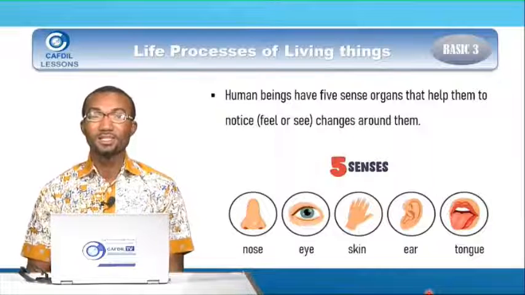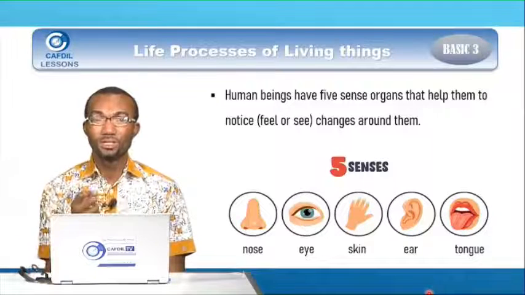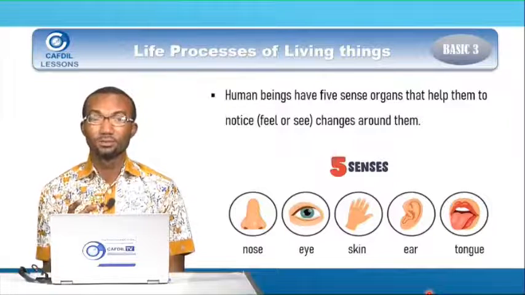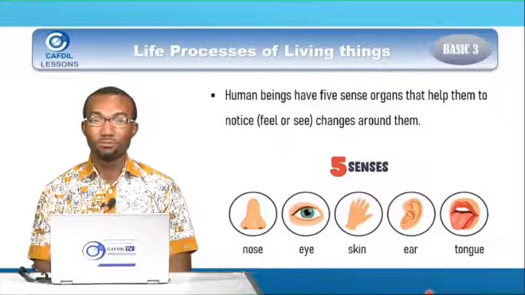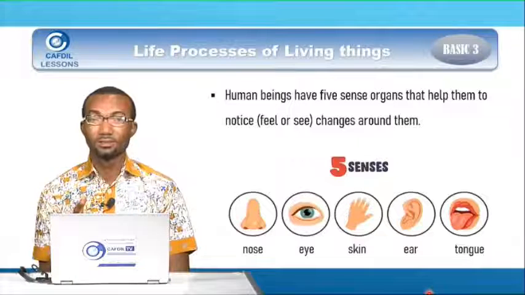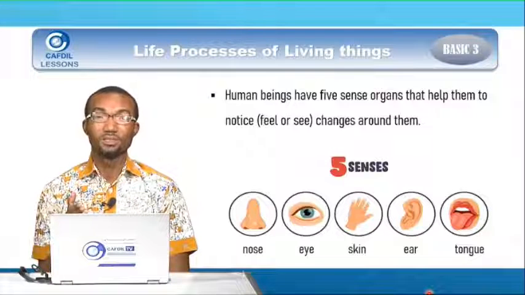So sensitivity helps you to feel or see changes around you. When I use a perfume on my body right now, very soon you will smell the scent. That is an example of sensitivity.